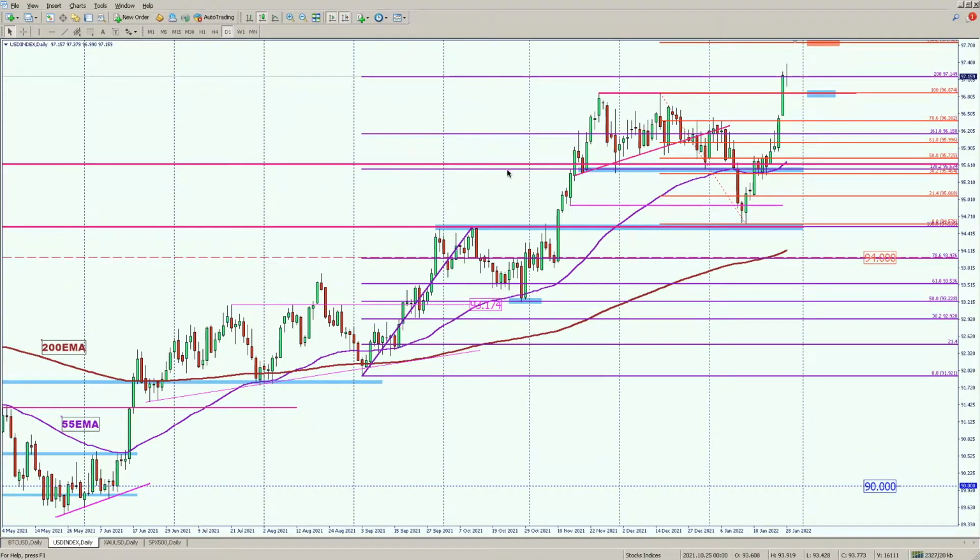All right, so let's see next week whether there's going to be further bullish continuation move and momentum.